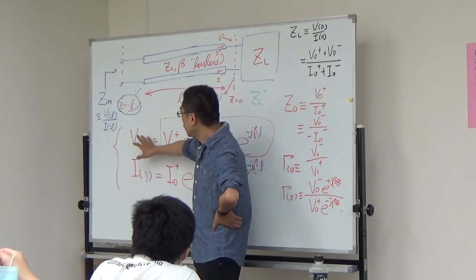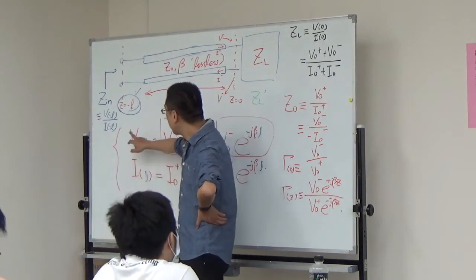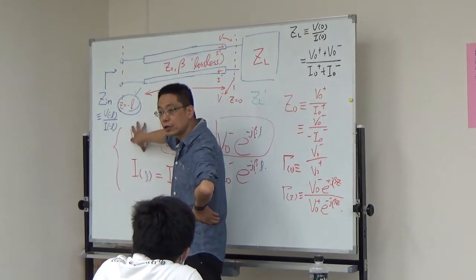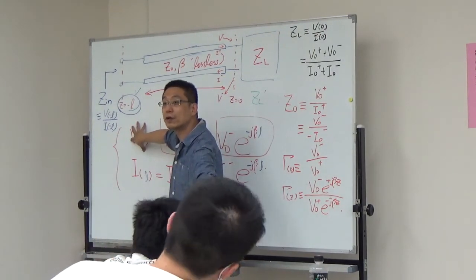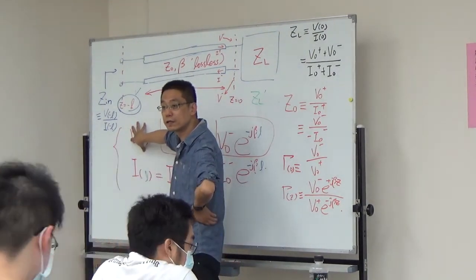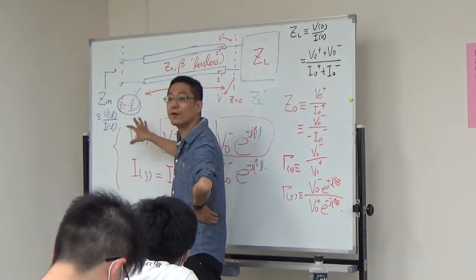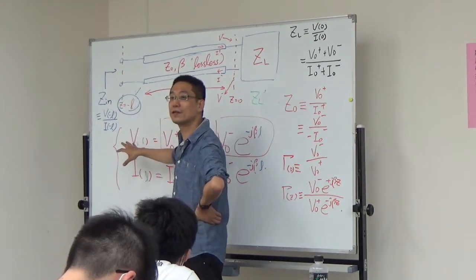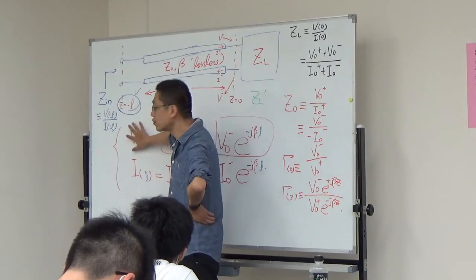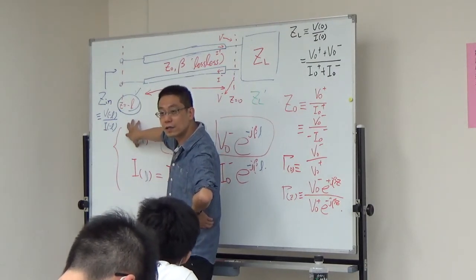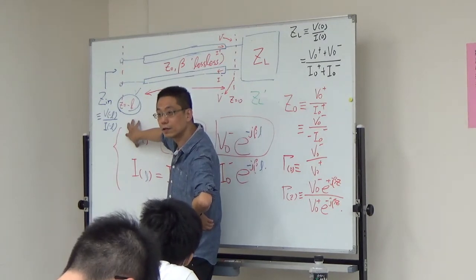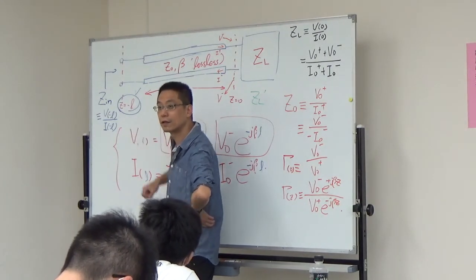This notation just tells us V is a function of L, or V is a function of Z. That's it. You don't change everything. If you change everything, it means it doesn't work. This is just telling you this is a voltage, and it is a function of L. You don't change this one.